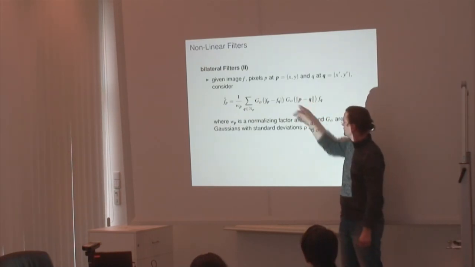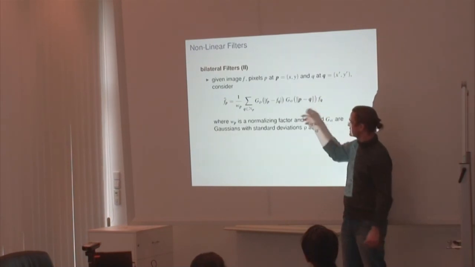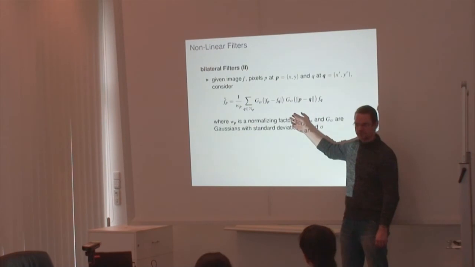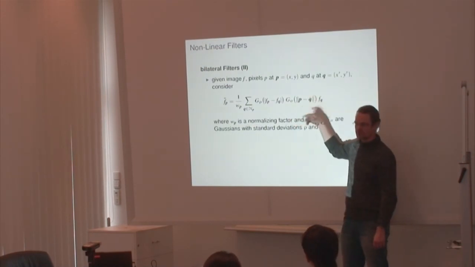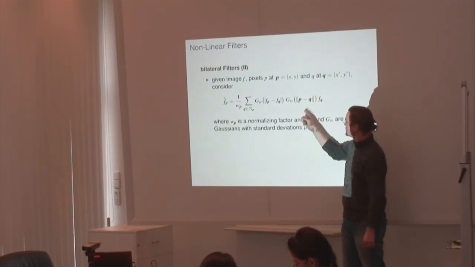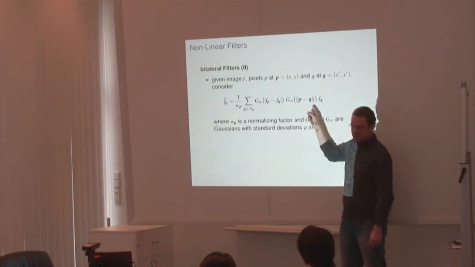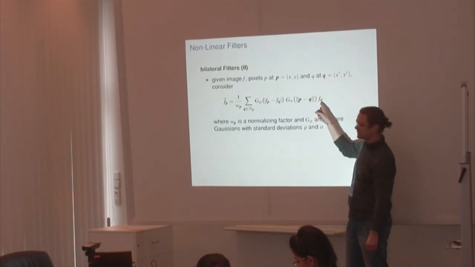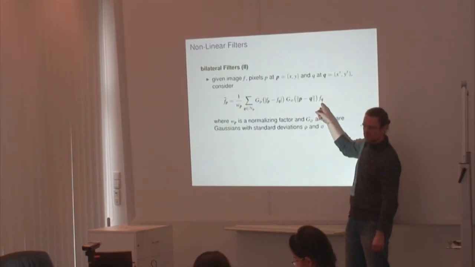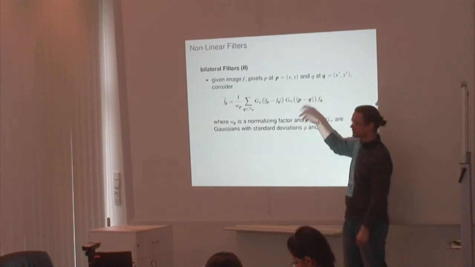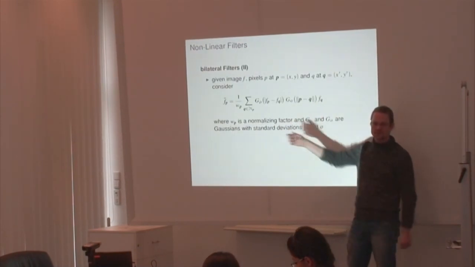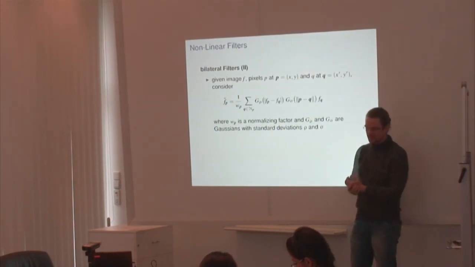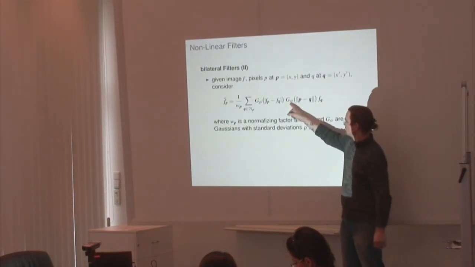We put this distance as the argument into a Gaussian distribution, which gives us a weight, a number between 0 and 1. So we weight the contribution, the intensity value f of the current pixel, with respect to its distance to the center pixel. This is Gaussian filtering. It's a weighted average, and the weights are given by this function.